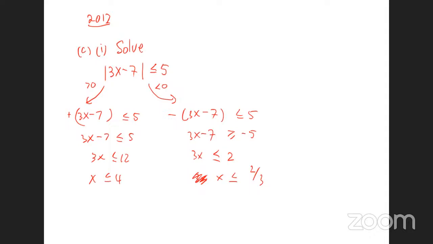You switch the sign again. So x is less than 4 and x is more than 2/3, so you can combine the solution like that. That's it for modulus.